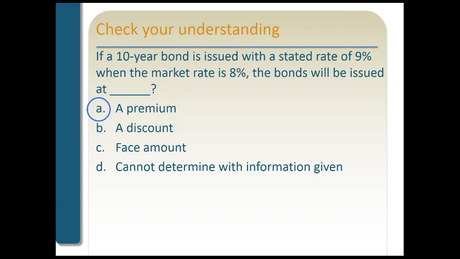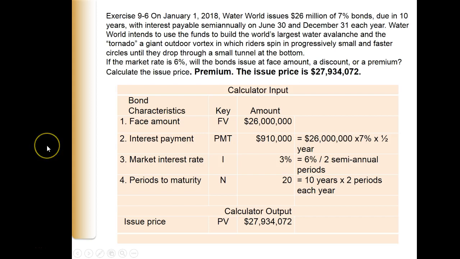When the stated rate is higher than the market rate, then we have to issue the bonds at a premium, because in order to meet up with the market rate, we've got to sell those bonds for a bit more money.